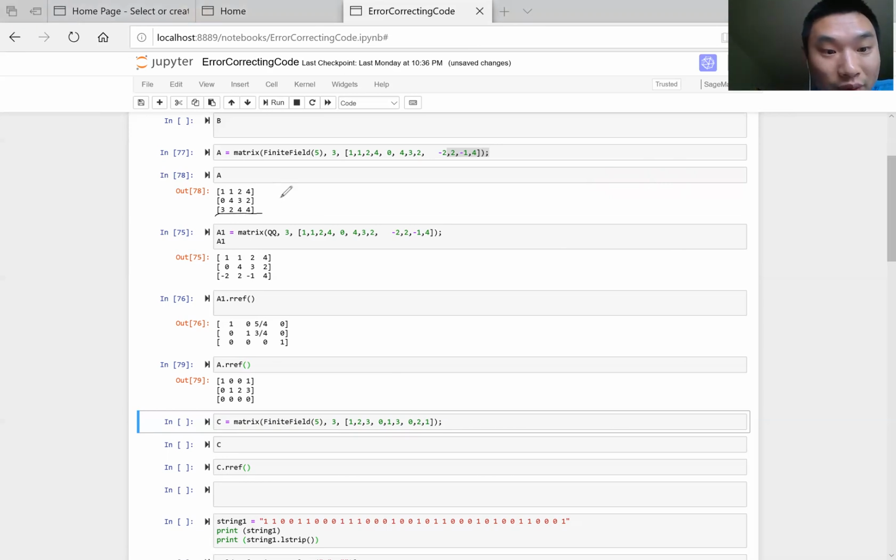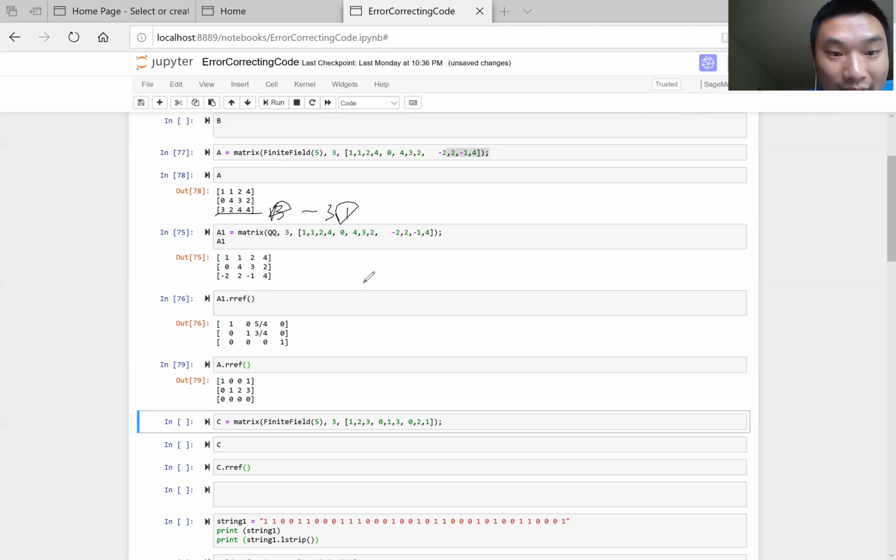So we are going to do the first step of REF. Okay, we start with this matrix. Then the correct thing to do is row 3 minus 3 row 1, right?